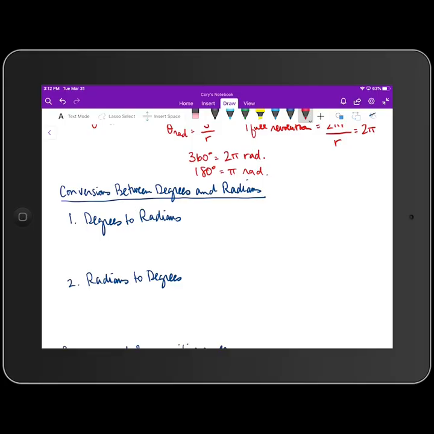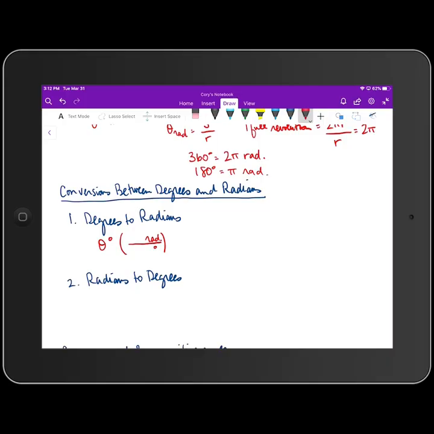Okay, so we have conversions between degrees and radians. If we're going to take an angle measure theta in terms of degrees and want to write that angle measure in terms of radians, the way I like thinking about this is like how you would do unit conversions in chemistry. I want my units for degrees to cancel, so I want a degree in the denominator and a radian in the numerator.